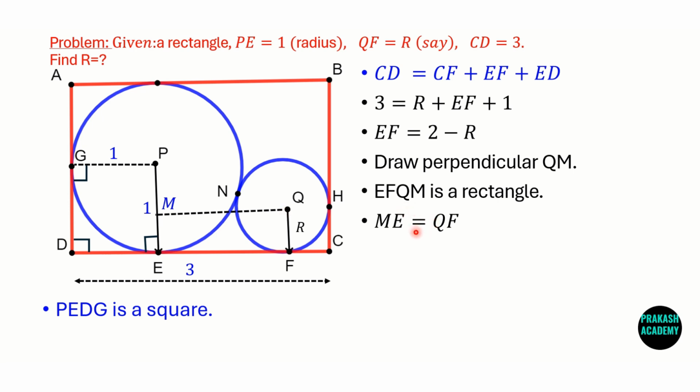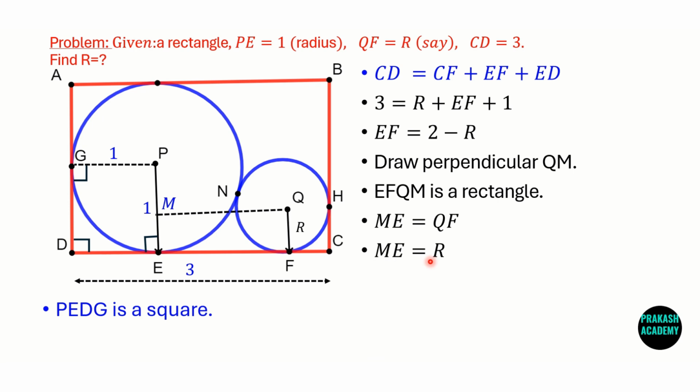I can also say this length is equals to this length because in a rectangle opposite sides are equal. This means ME is equals to QF. ME is equals to R because this is the radius, so this has to be radius because these are opposite sides of a rectangle.